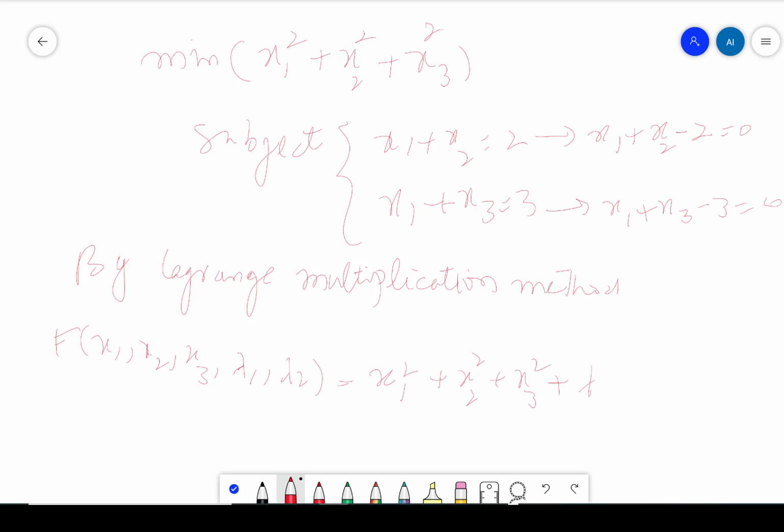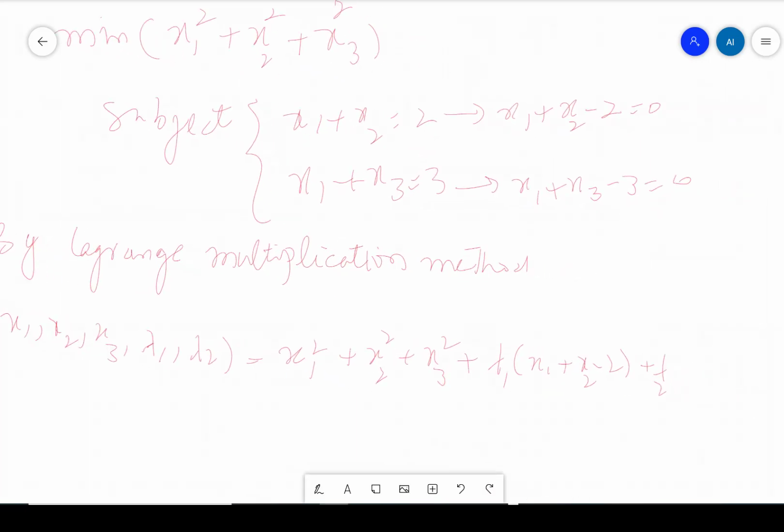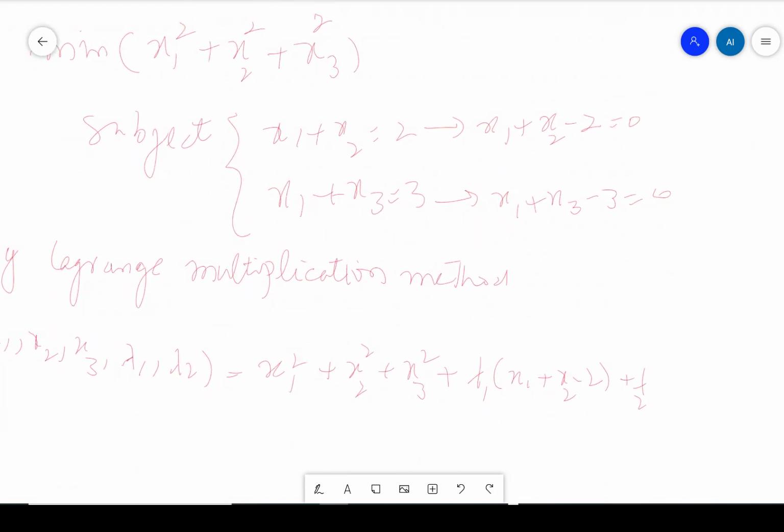So the Lagrange multiplier lambda 1 will be multiplied with equation number 1, and another Lagrange multiplier will be multiplied with equation number 2.